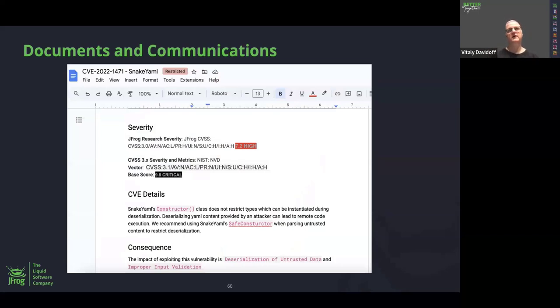So as I said, the process for incident response, what we do, what we have. First of all, we're creating the incident response channel, with all the stakeholders inside, from R&D, from support, from DevOps, etc. And it's on hold.